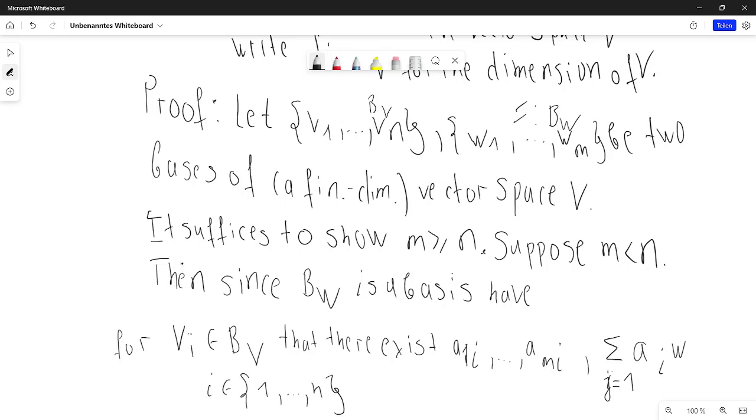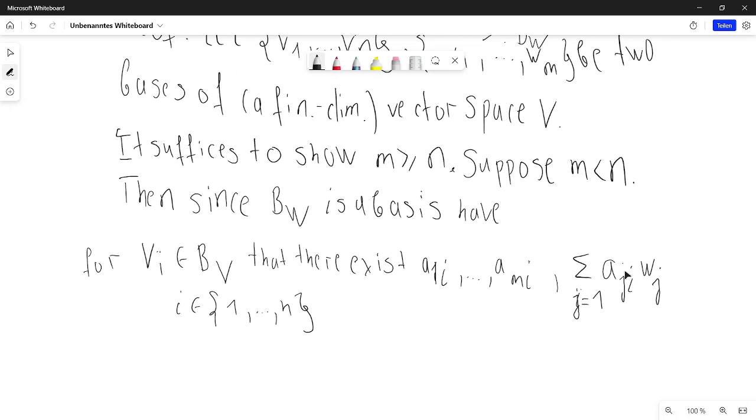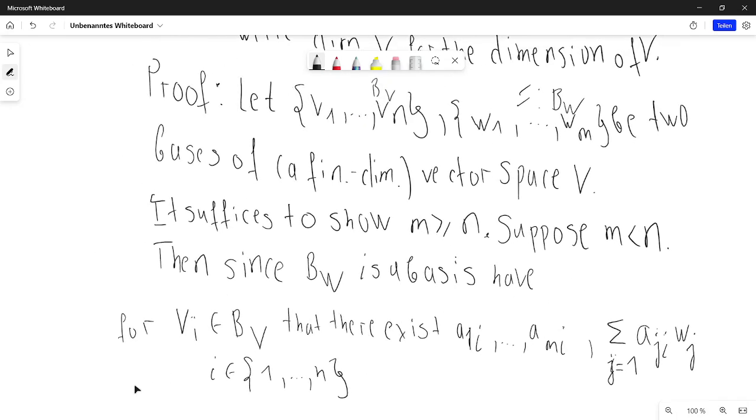We want to go through j now for fixed i. Those coefficients could be different, so that's why we have to index them that way to capture all the generality.